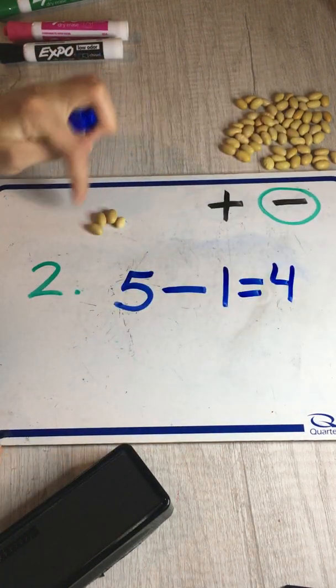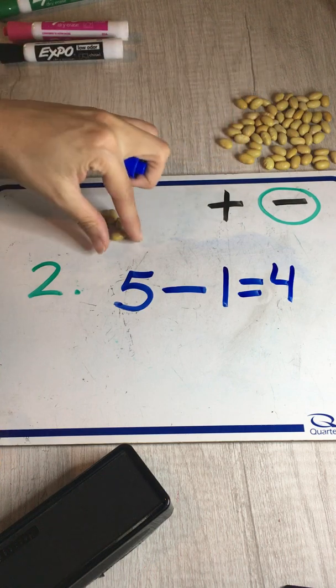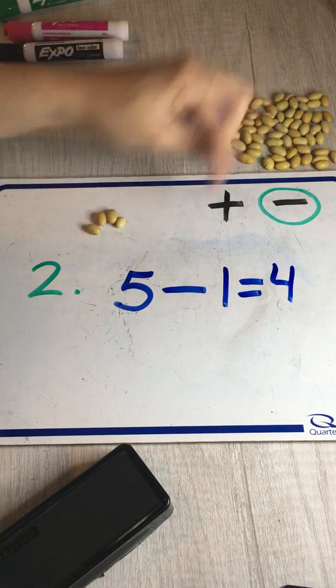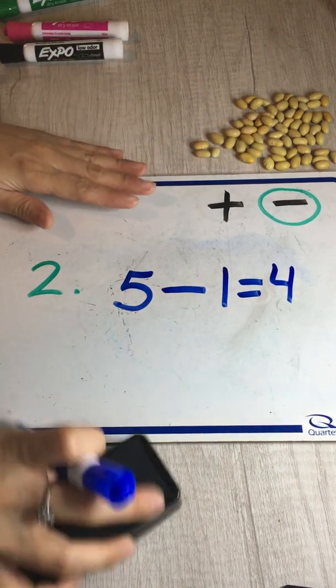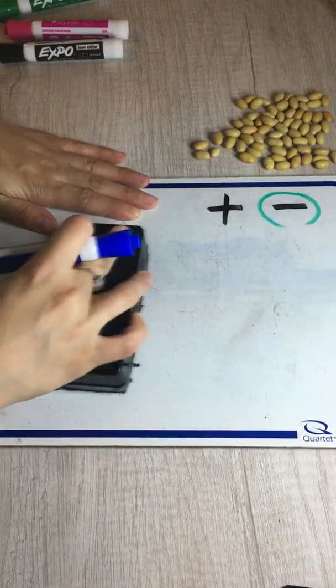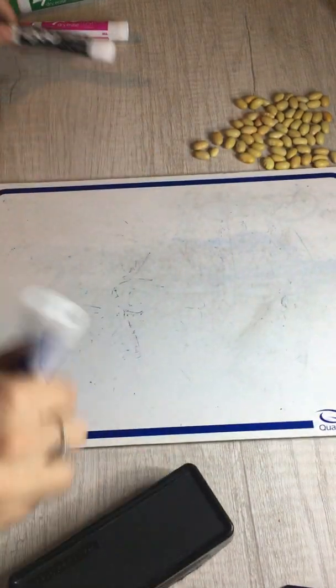So 5 take away 1 equals 4. Good job, boys and girls. Do not erase it from your paper, but I'm going to erase it from mine. Okay, and let's do another one.